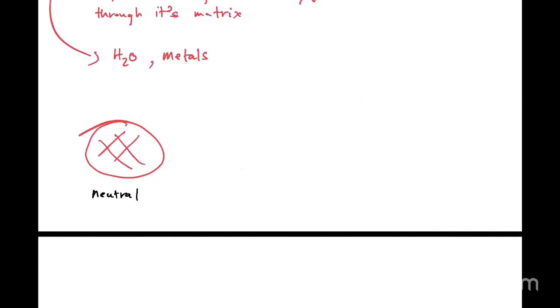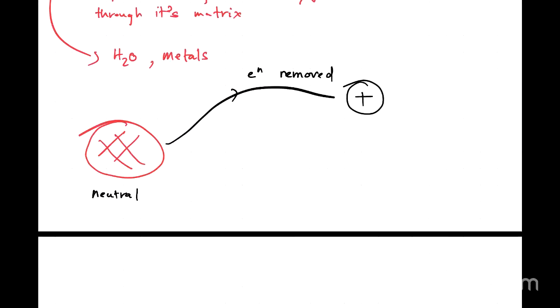This is the neutral material. And if, let's say, electrons were removed, so therefore you will be getting the positive ion here, right?